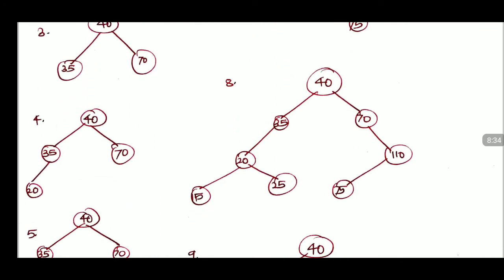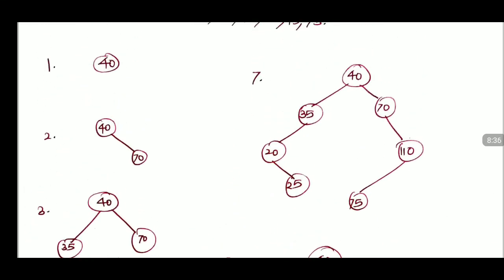Now we'll compare this 25 with 40. Then 25 is lesser than 40. We'll go to the next node, and that is 35. Then 25 is less than 35. Then we'll go to the next one, that is 20.